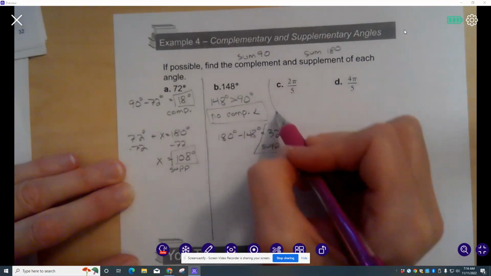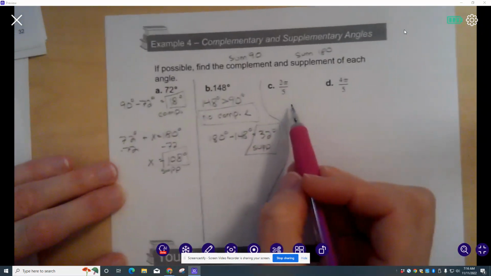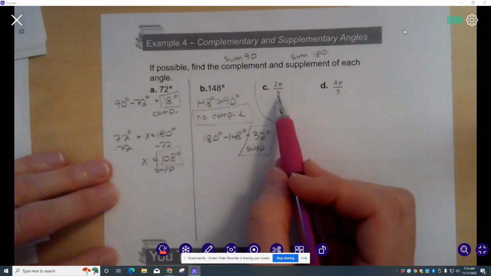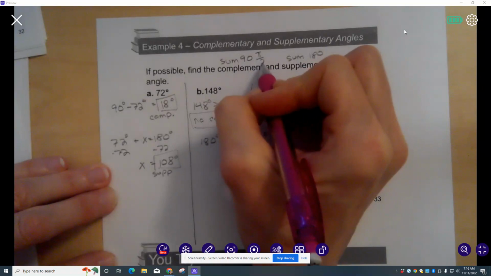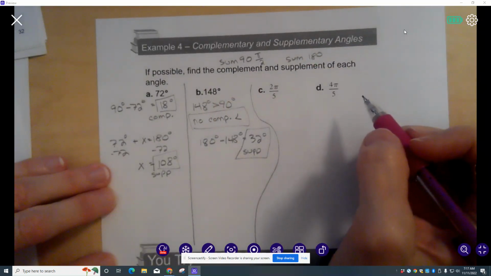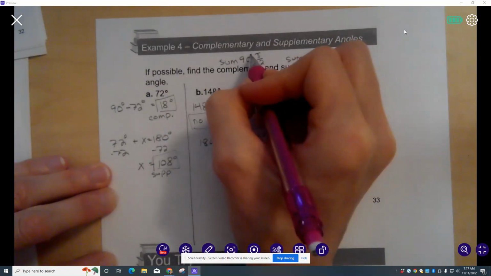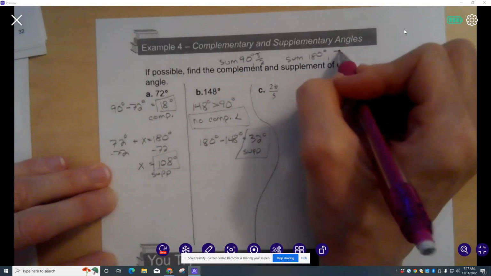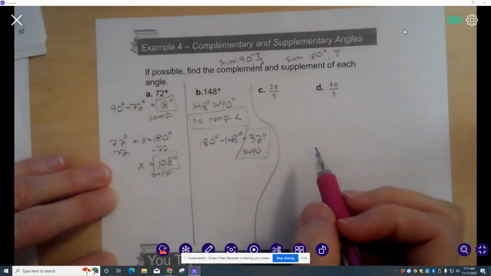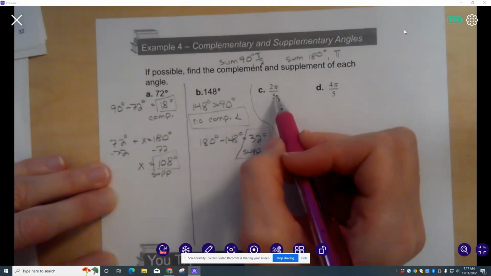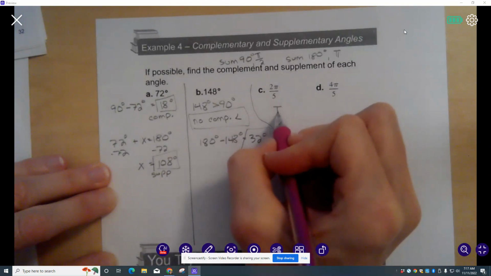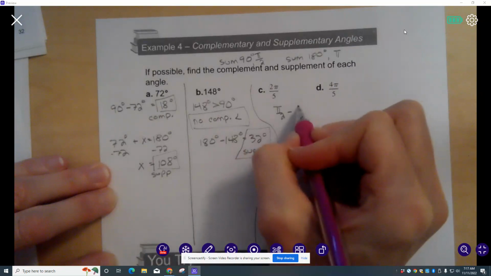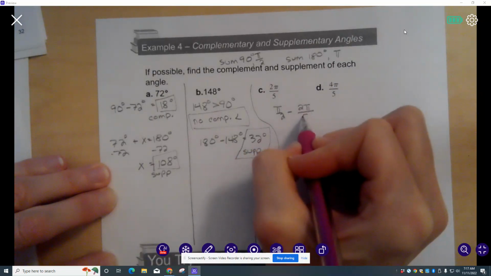Okay, I'm going to draw a curvy line here. So this is same deal, but it's in radians. So remember, radians is pi over 2 for 90 degrees, and it's pi for 180. So if I want a complementary, I want to say pi over 2 minus 2 pi over 5.